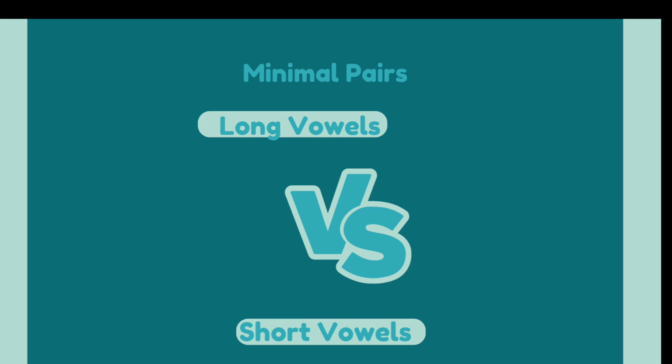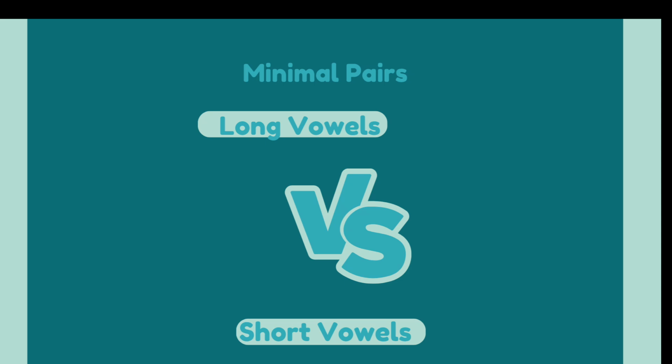So, in order to understand today's topic very well, I will encourage you to go back to my previous video on monophthongs. Ensure you watch it and understand it very well before you come to this video in order to have a very good understanding. In English, the difference between long and short vowel sounds is crucial for clear communication, and the topic minimal pairs helps us to focus on these differences.